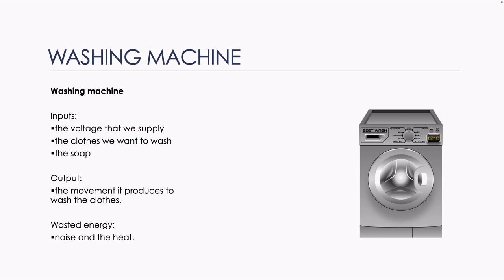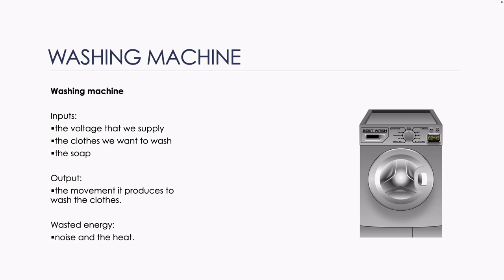It performs a process and delivers an output, which is the movement it produces to wash the clothes, and it also wastes energy. This energy is usually manifested in the form of noise and heat, which we can hear and feel when we are washing our clothes. For now, focus only on what process is. Right now, we're not talking about microcontrollers.